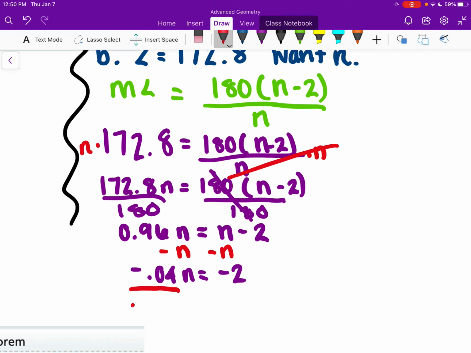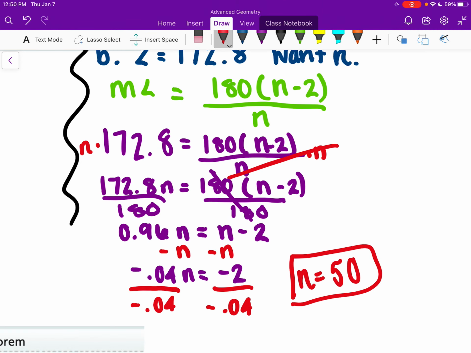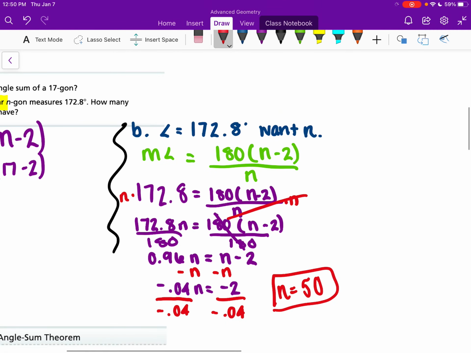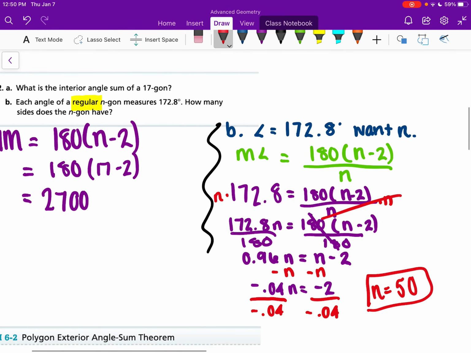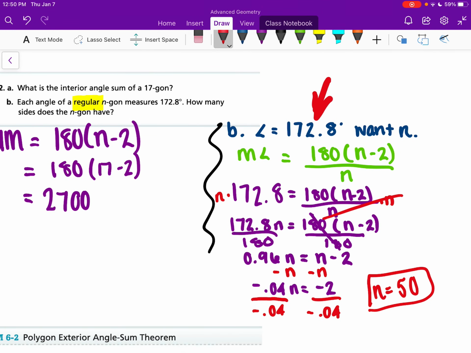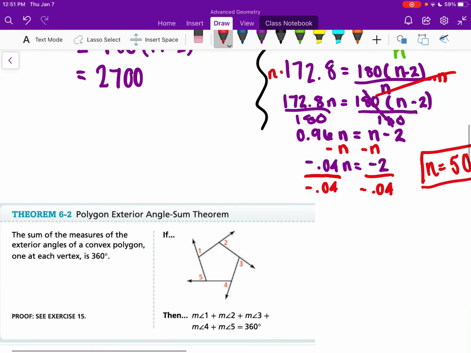We divide both sides by negative 0.04, and n is going to equal, when you divide negative 2 by negative 0.04, 50. So that means that a polygon with 50 sides, that is so many, has an interior angle of 172.8 for each angle. Let's keep going with another theorem.